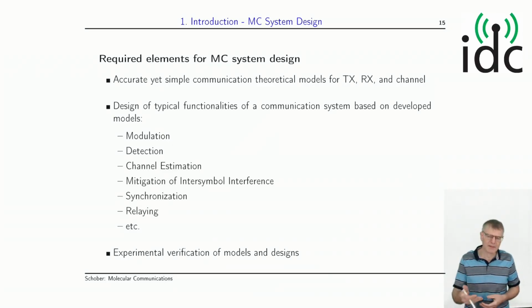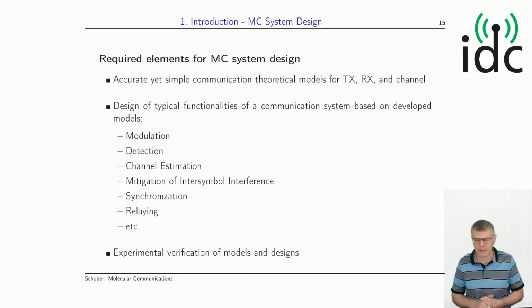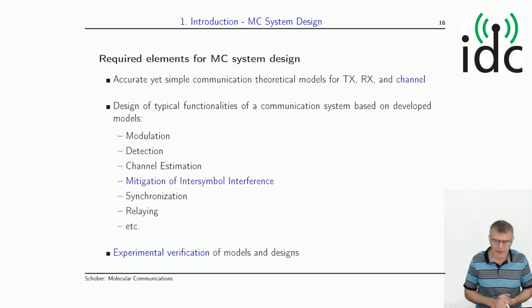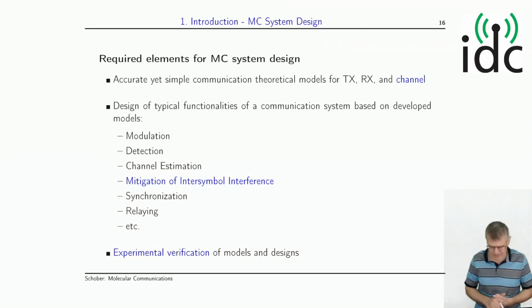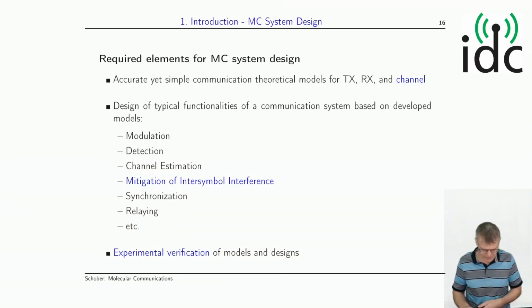And this is maybe the most difficult step, because as electrical engineers, we may not have the full background to do this, right? The competence to do this, and therefore we need to collaborate with colleagues from other fields. As I said, in this talk, we will mostly focus on channel modeling, then mitigation of intersymbol interference, and then some experimental verification.